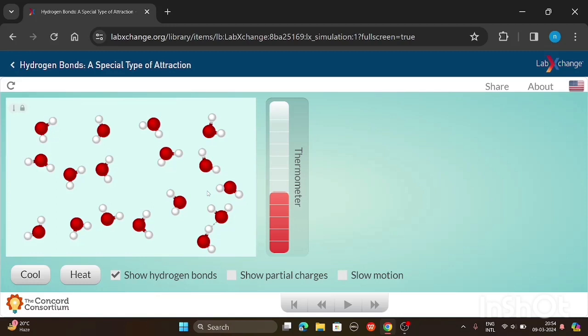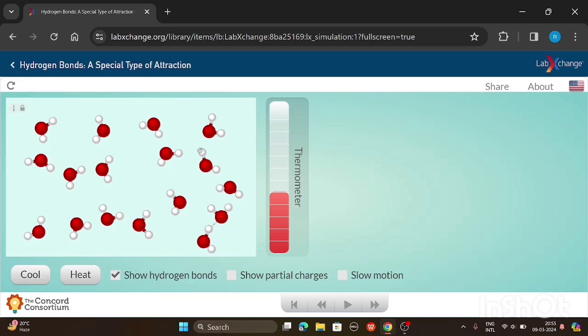So water is a highly polar molecule, and water has a lot of hydrogen bonding in it. Water is H2O. Every molecule of water has two hydrogen atoms and one oxygen atom. Oxygen is highly electron loving; it has high electron affinity, so it pulls the electron to itself.